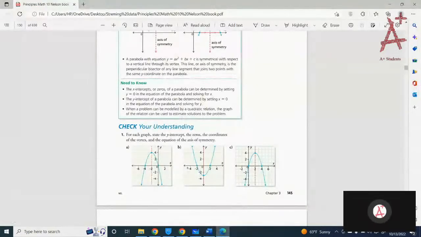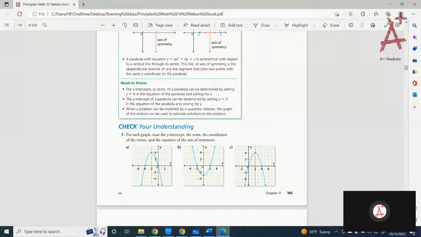The zeros are the points where the graph is touching the x-axis. You can just see here is the point where y is 0 because the point is on the x-axis. Got it? So one of the zeros is -4 and the other zero is 0, because here the graph is also touching the axis. So -4 and 0.